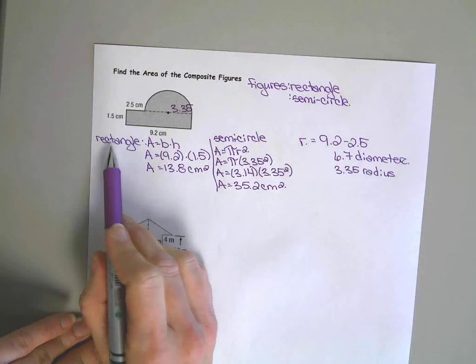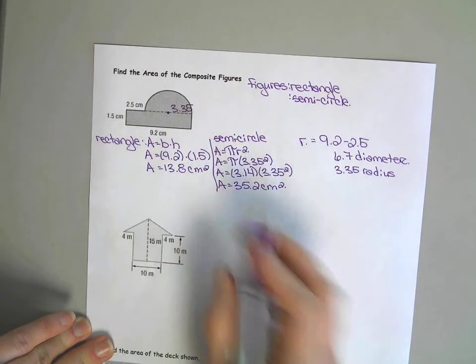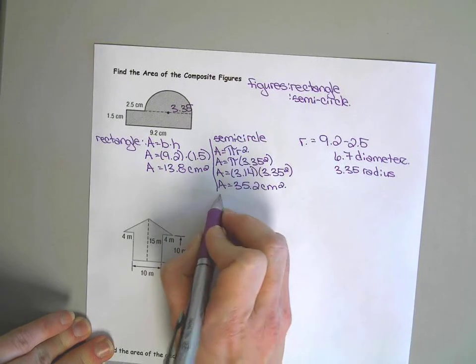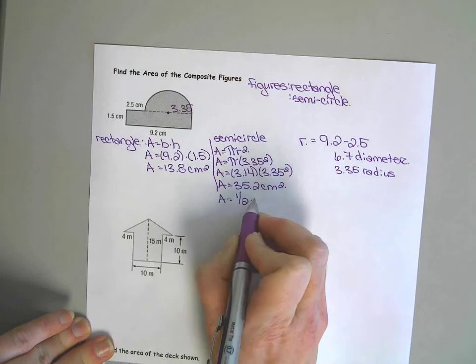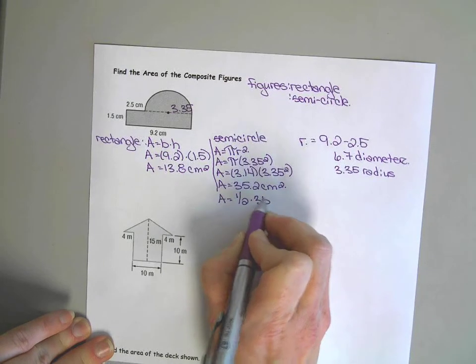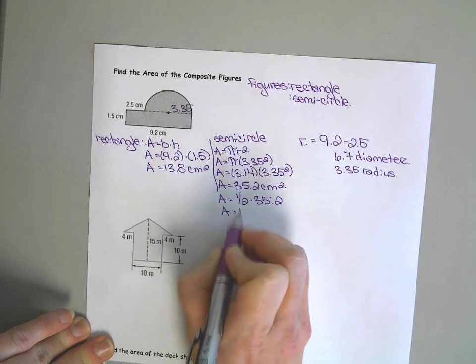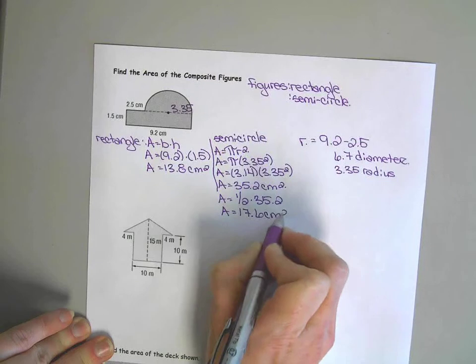So now we have our area of a rectangle and our area of a circle. To get the semicircle, we need to multiply this times half, or divide it by 2. So area of a semicircle would be 17.6 centimeters squared.